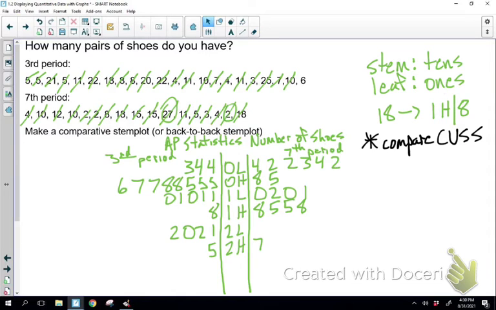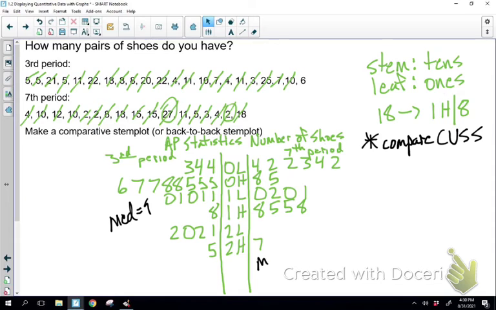I feel like the median, let's count it out. 1, 2, 3, 4, 6, 7, 8, 9, 10, 11, 12, 13, 14, 15, 16, 17, 18, 19, 20, 21, 22. So the median for third period is the average of the 11th and the 12th. It looks like 8 and 10, so the median is 9.